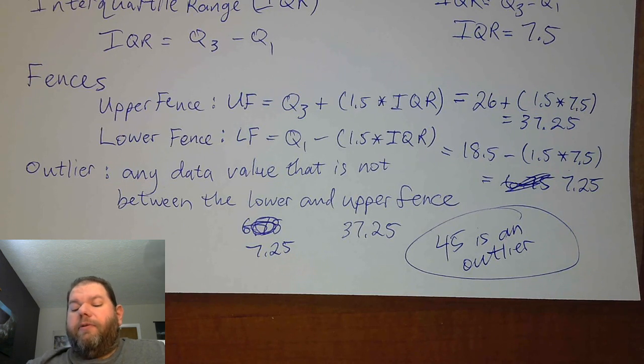So again, any number that's lower than the lower fence or higher than the upper fence, those are the values that are considered outliers. Now, we shouldn't expect to get more than 1 or 2 for most data sets, especially at the level of data that we're working at, because a lot of what we do will be 50 data values or less.